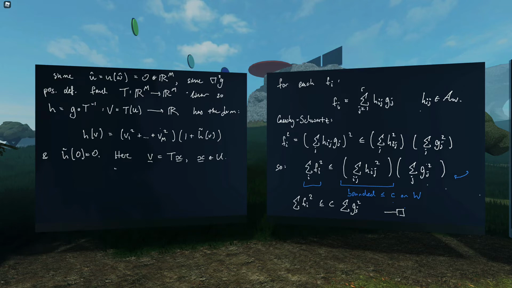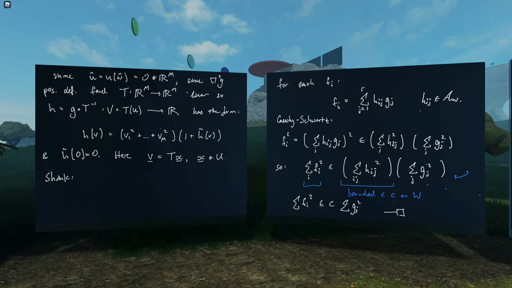Oh, sorry, I didn't say this in the statement of the theorem, but it's actually only on a neighborhood of W hat that the equality holds. I'll state that more precisely when it comes up.